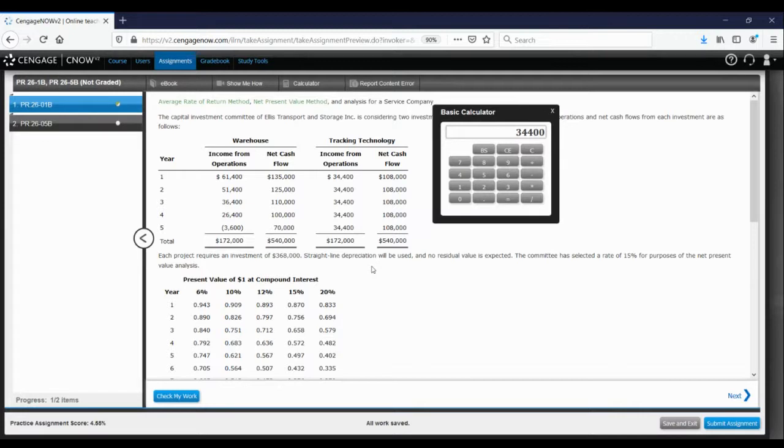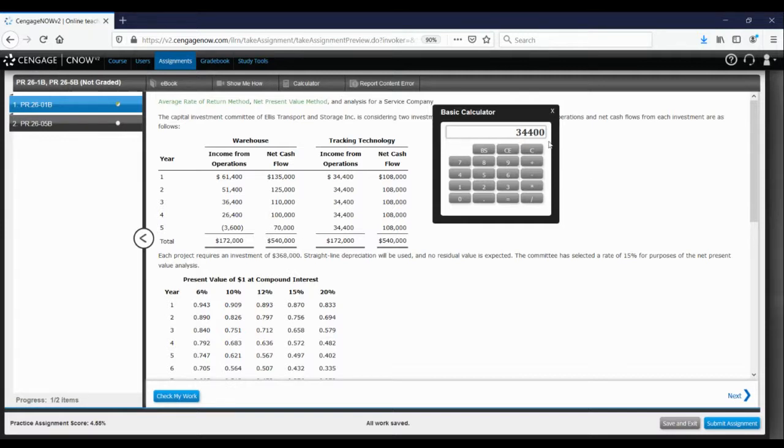So just like the warehouse, it just so happens that the tracking technology, the average rate of return on this investment is going to be exactly the same as the warehouse because the income from operations was the same and the amount that we are investing in this asset is also the same.